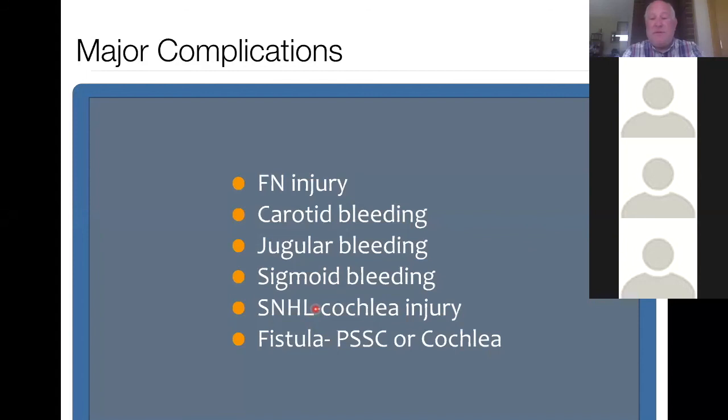And fistulas: in the infra-cochlear approach, you can fistulize the cochlea because it's the upper limit of your dissection, the basilar turn, or you can get a fistula of the posterior semicircular canal if you drill it too aggressively. So these complications are all real. If you pay attention, are concerned about the anatomy, and you know your anatomy, these types of complications should not occur.